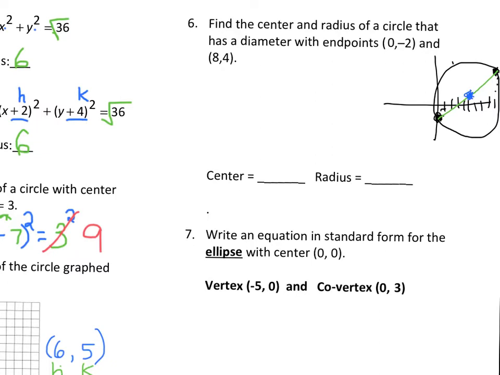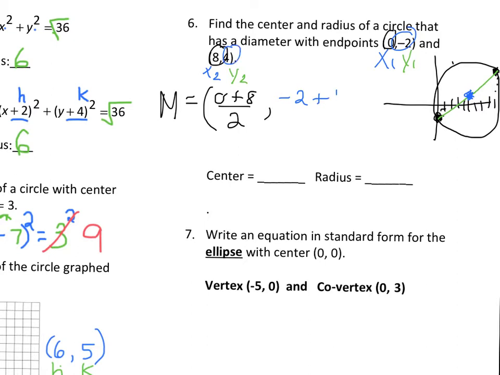So let's do the midpoint formula with our 2 points. x1, y1 is the first coordinate. x2, y2 is the second. So let's take those x's and add them up. It's going to be 0 plus 8 over 2. Now let's take the y's and add them up. It'll be -2 plus 4 divided by 2.